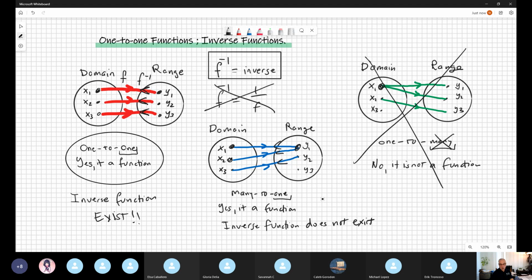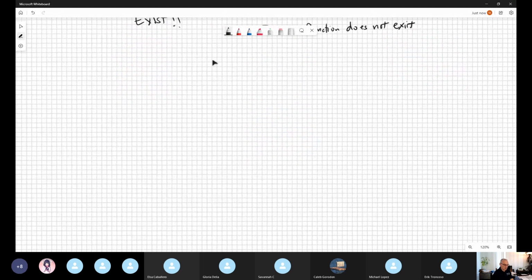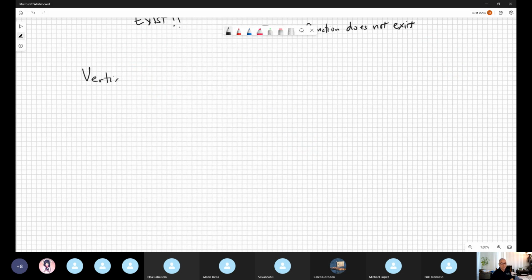Otherwise, no. Okay, so now the next question is, professor, how do you know if a function is one-to-one or not? Okay, it's easy. I suppose you remember very well the vertical line test. The vertical line test is used to verify if a relation is a function.